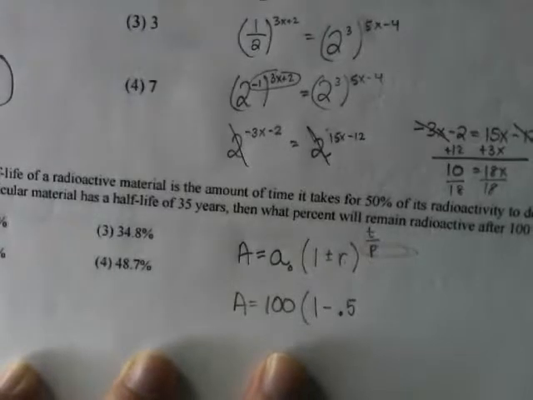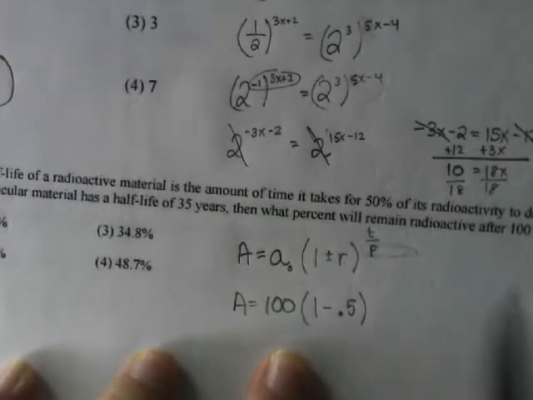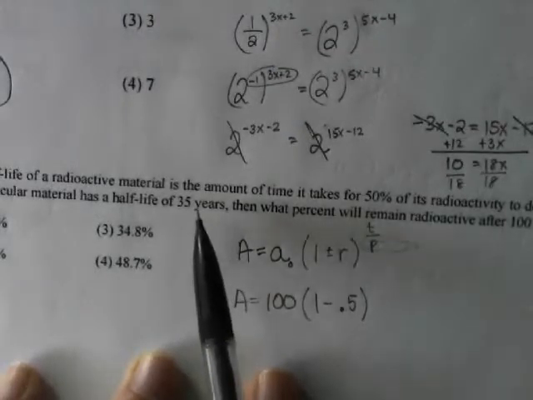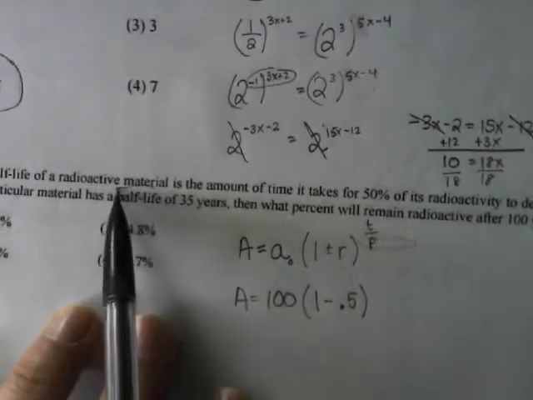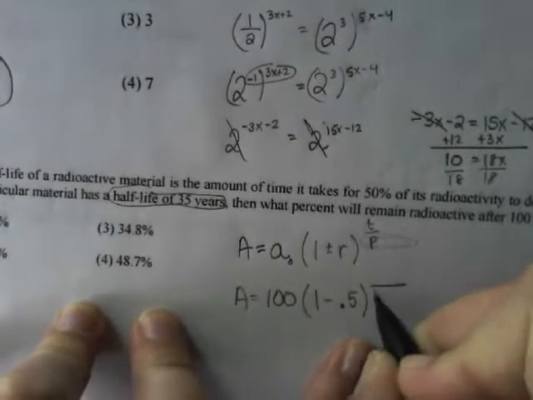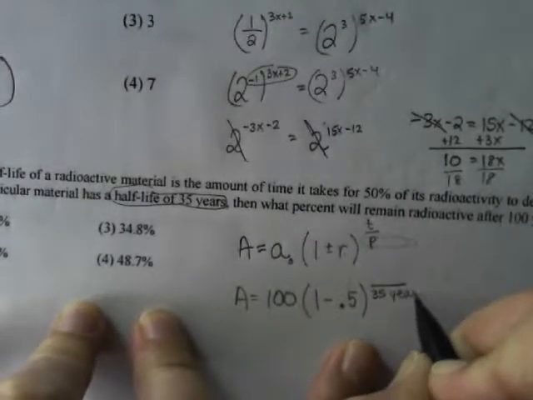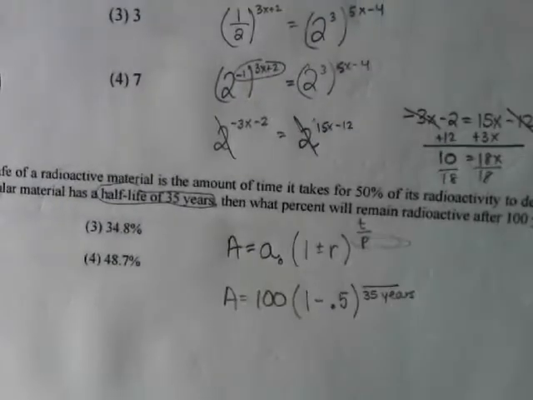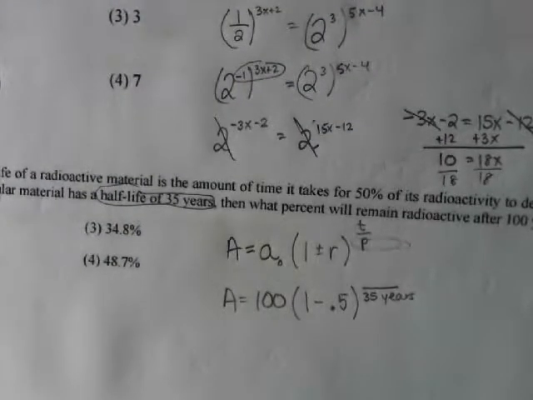Okay, if you're losing 50%, rate is 0.5. And this is telling us that we are losing 50% every 35 years. So my denominator would be 35 years. And I try to encourage my kids to put the unit there, because the unit of the numerator and the unit of the denominator have to be the same.